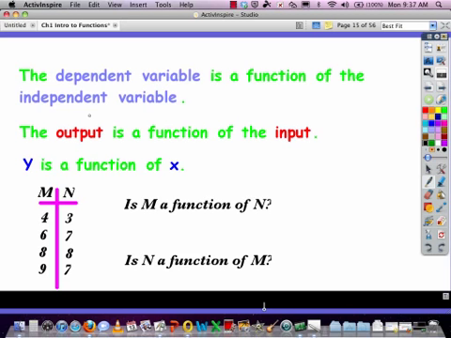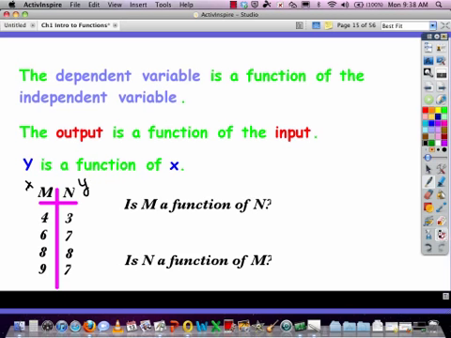But notice I didn't say just because my ordered pair is set up as MN that M was always X and N was Y. So if you're looking at this, make sure you realize it does not say X and Y. It says M and N. So don't stick in your head that M's in the first slot, therefore it's X, N's in the second slot, therefore it's Y. They are not.